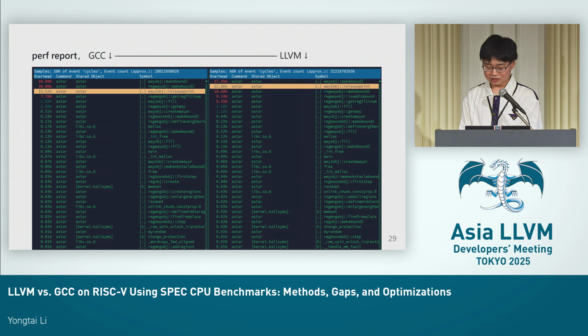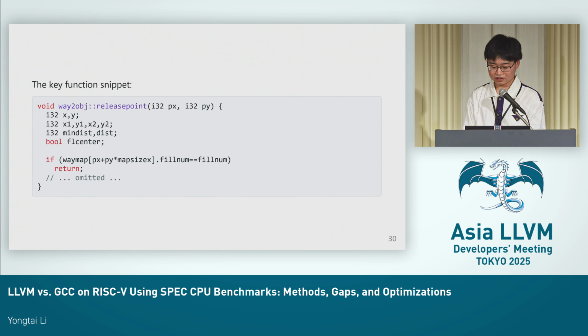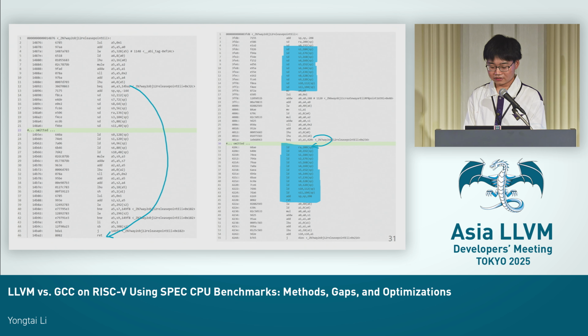Let me show you the source code and how each compiler translates it. In the source, the most notable feature is an early exit branch right at the start of the function body. Now let's compare the generated code.